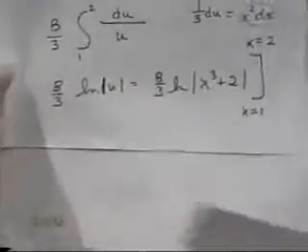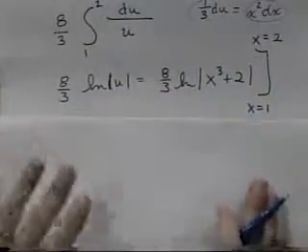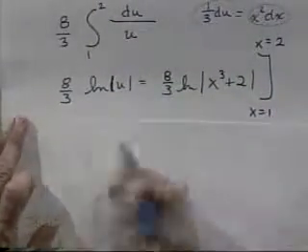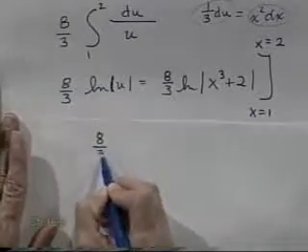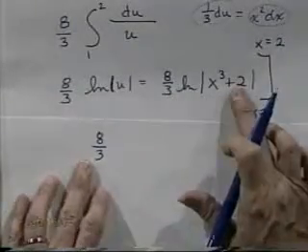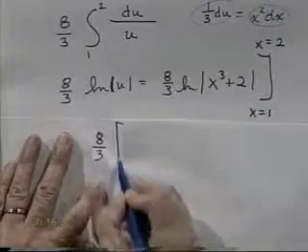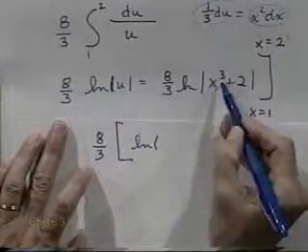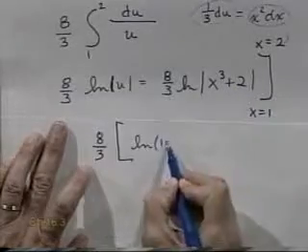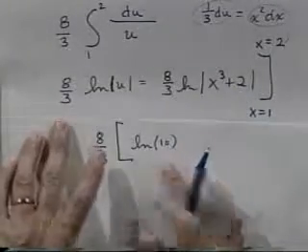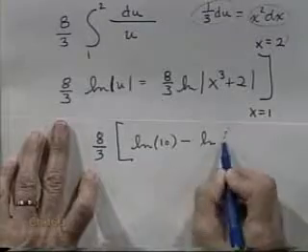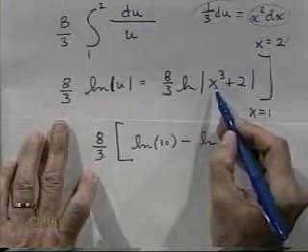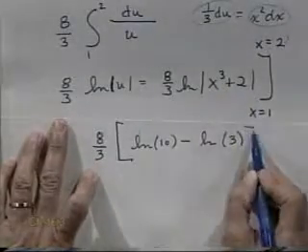Natural logs I always like to go over, because students tend to not have learned them as well as they should have in Calculus 2. You learn it for the test and then you forget. If I have a constant times a function, I like just to factor it out. Then if I plug in a 2, I get the natural log of 2 cubed, which is 8, plus 2 is 10. I can drop the absolute value because 10 is positive, minus natural log of 1 cubed is 1, plus 2 is 3.